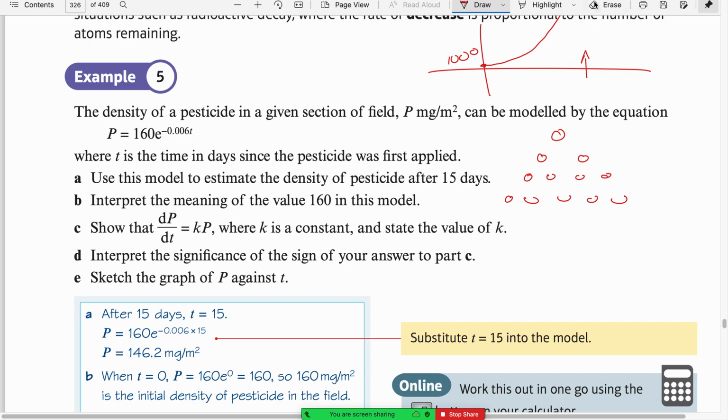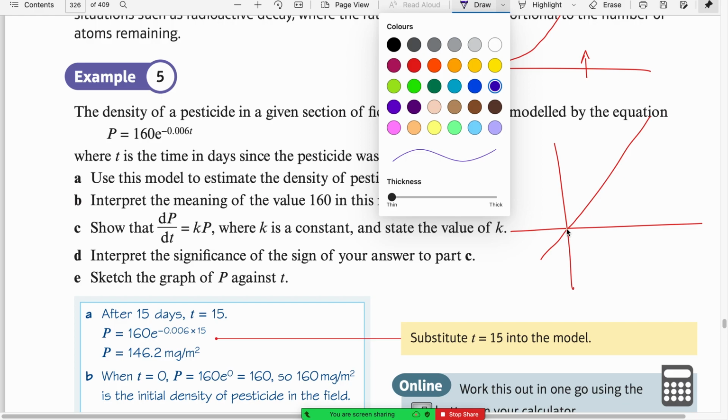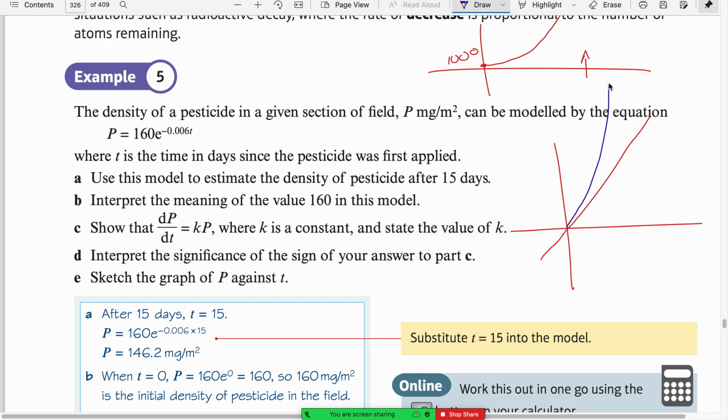This is not a linear increase. This is an exponential increase. To show you the difference, this is a linear increase and this is an exponential increase. Linear, exponential. Getting the idea?